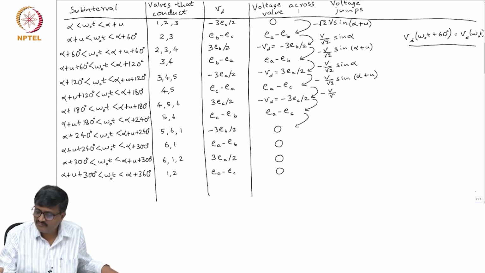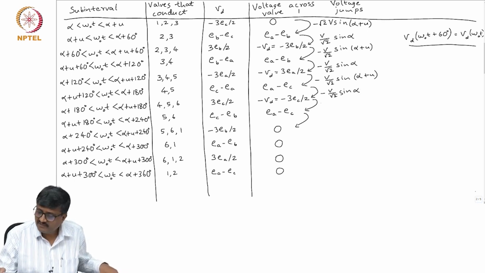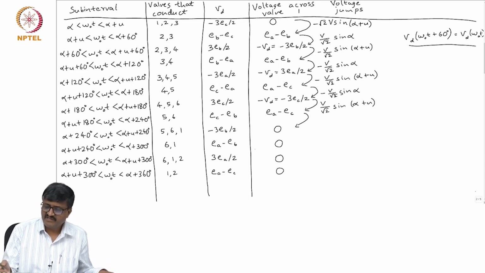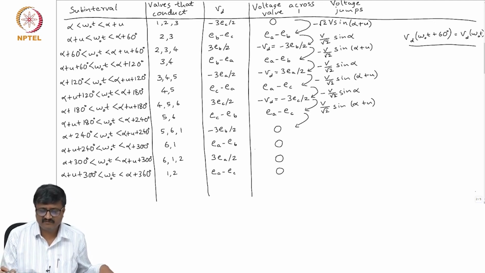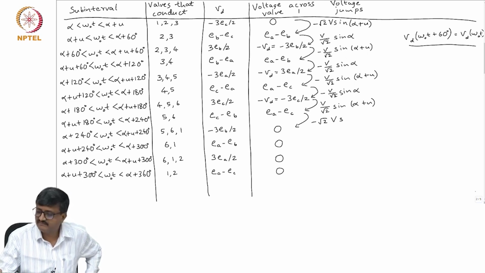Minus V by root 2 sin alpha. V by root 2 sin alpha plus u. The last jump is 0 minus E A minus E C evaluated at alpha plus 240. It is minus root 2 V sin alpha.